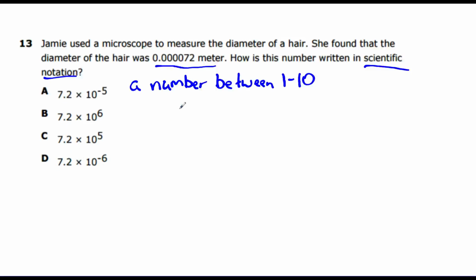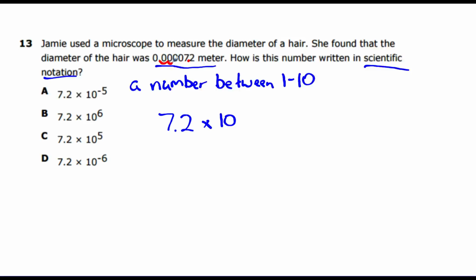Fortunately for us, these all say 7.2, so we know it has to start with 7.2. Then it always has to be multiplied by 10, because every time we multiply by 10, it moves our decimal 1 place. And then it just comes down to how many times we would move our decimal to go from 0.00072 to 7.2. So we just count our decimal places.